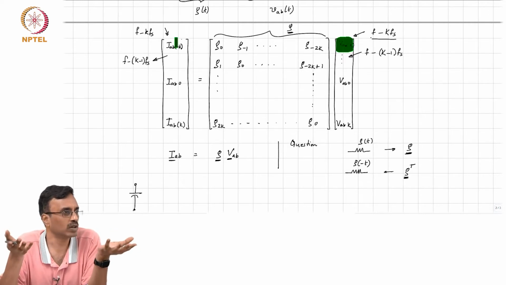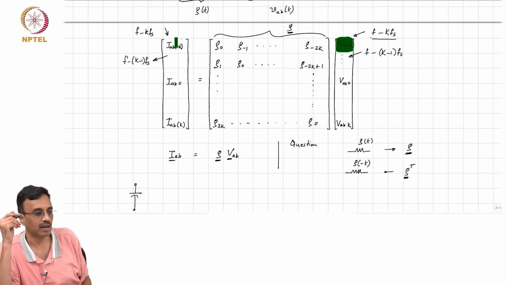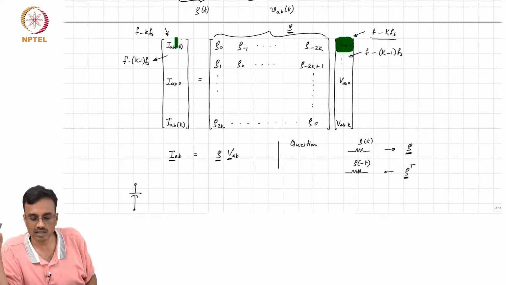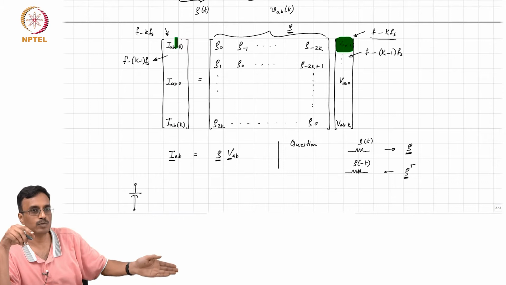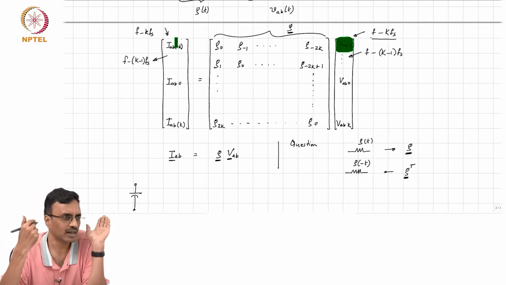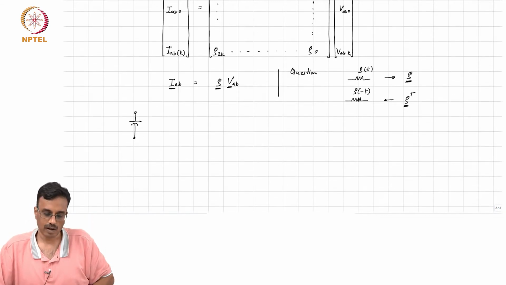You will also encounter resistors which are fixed. So, if the conductance is fixed, then all these off diagonal terms will become 0 and you will get a diagonal matrix. All right. Now we have a capacitance.